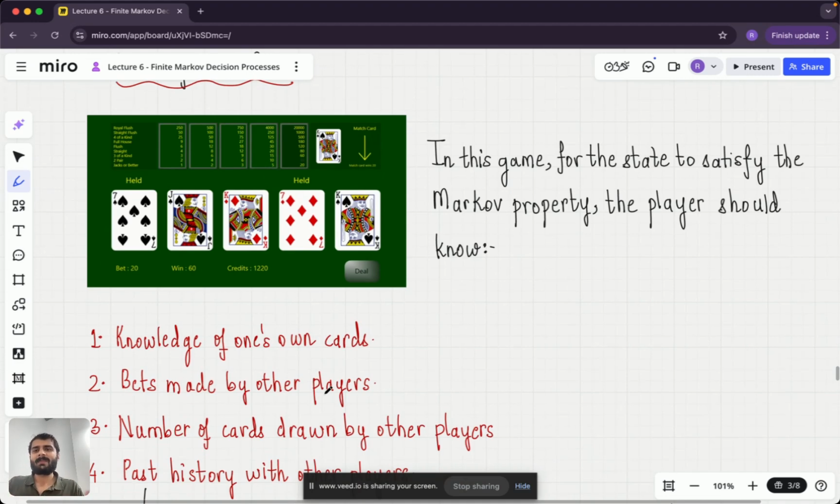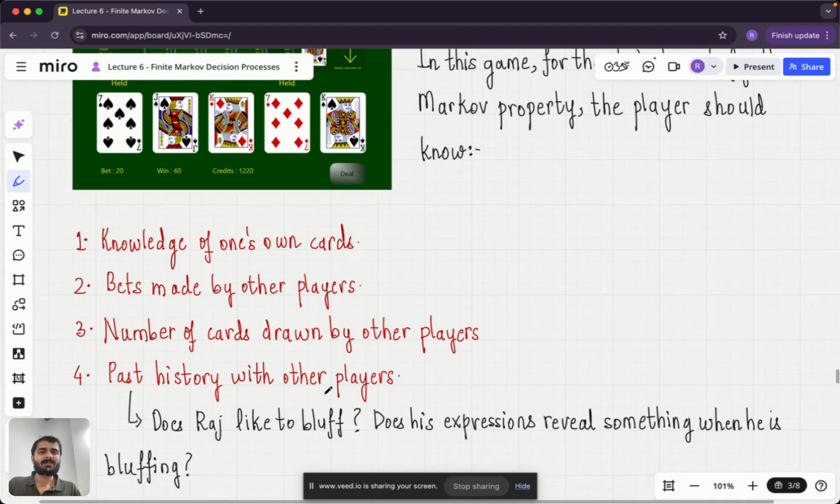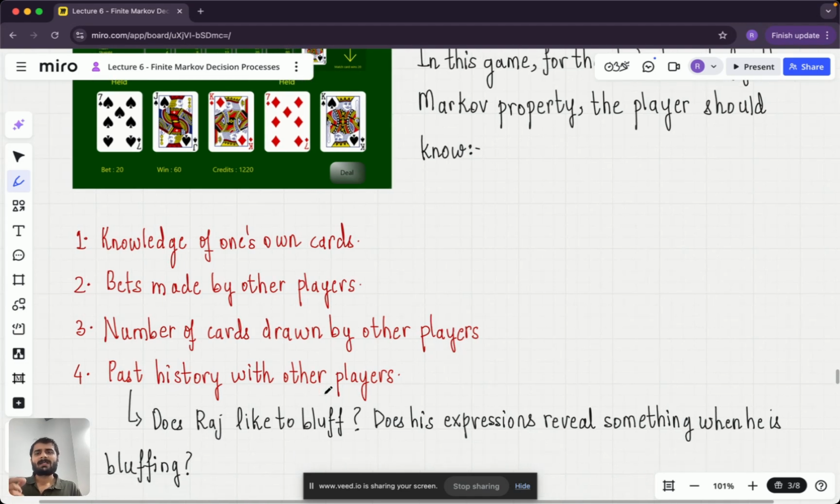For example, if I am playing this game, I need to have the knowledge of my cards. I need to see all the bets made by all players in the past, and the number of cards drawn by these players in the past. Then my past history with all these players: for example, does Raj like to bluff? Do his expressions reveal something when he is bluffing? Does Sridhar bluff a lot or does he not like to bluff?